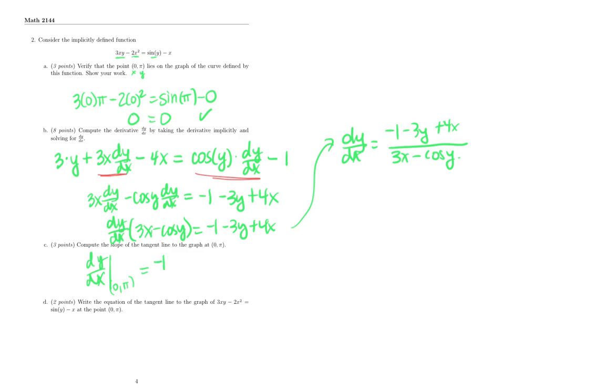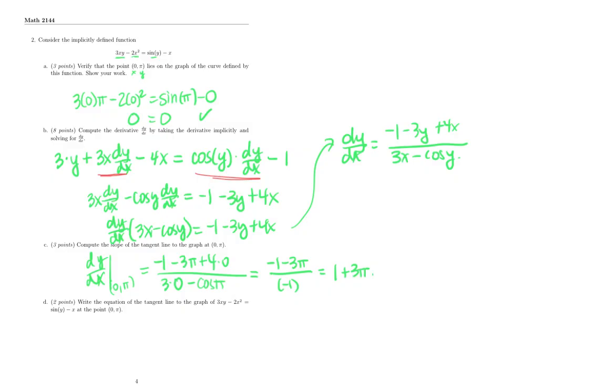So I'll have (-1 minus 3 pi plus 4 times 0) over (3 times 0 minus cosine of pi). And what I get is (-1 minus 3 pi) divided by (0 minus cosine of pi). Cosine of pi is -1. So I'm going to end up getting 1 plus 3 pi for my slope.